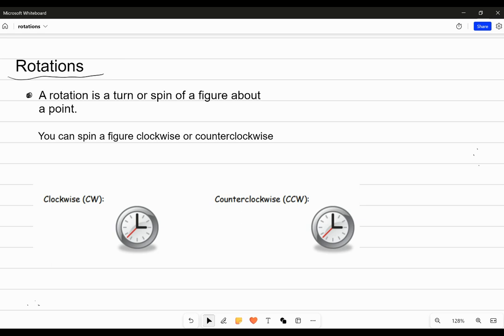What you should have figured out from Friday was that there are two types of spins when you're rotating a figure. You can go clockwise or counterclockwise. So just remember that clockwise means you are spinning your image to the right.